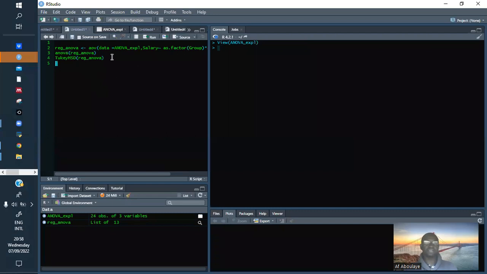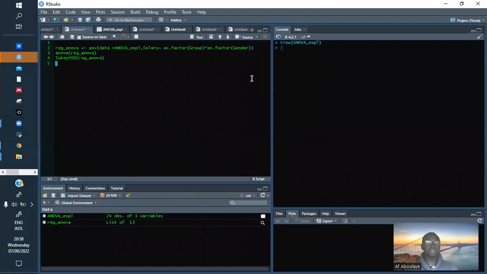Now for the regression ANOVA, what we need to do is remind R of the data we are using: data equals this one, the quantitative variable, and now the group and gender. Sometimes when you bring data inside R, you have variables you want to be categorical, and you have to remind R that they are categorical.